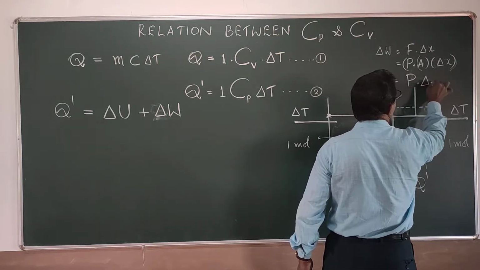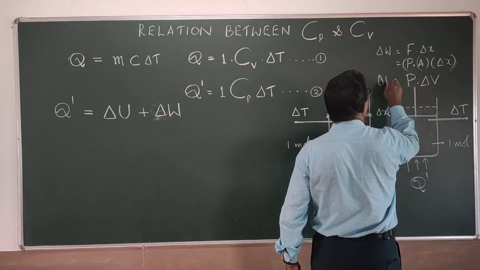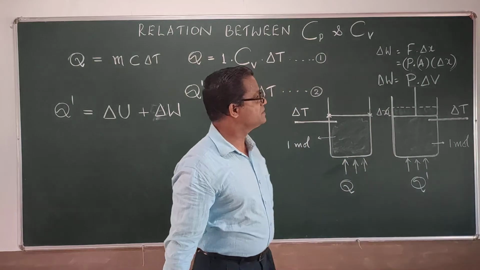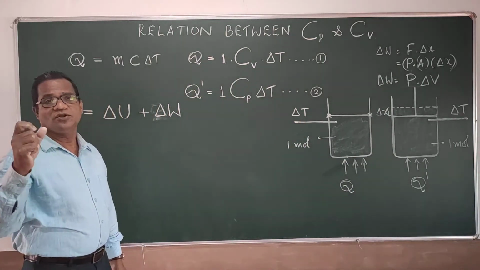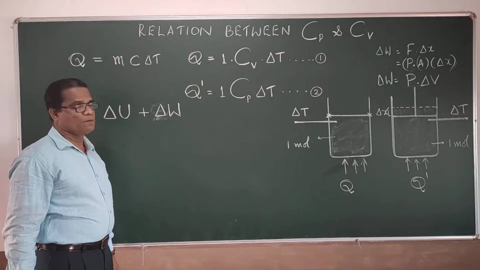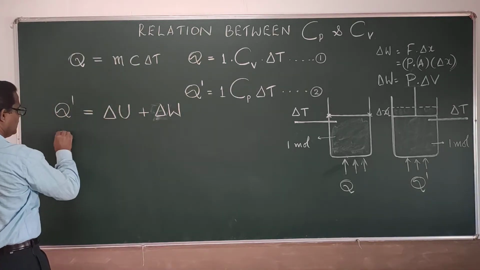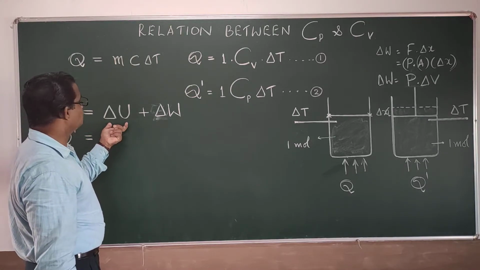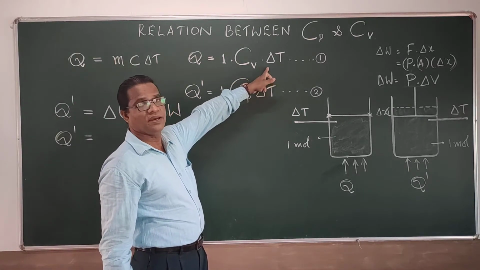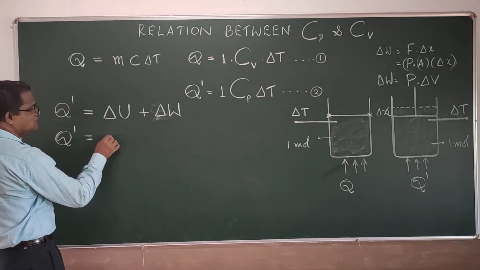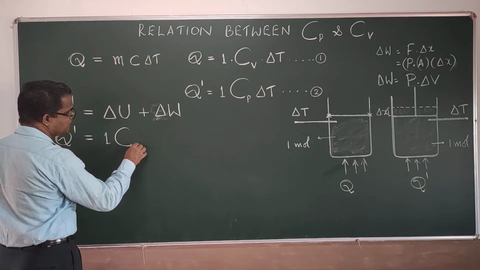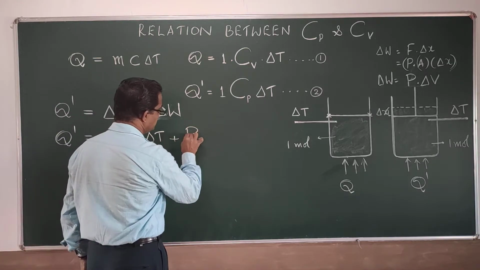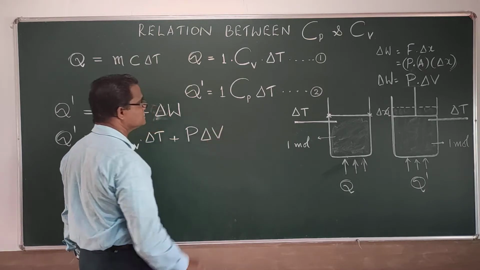Therefore, P into delta V is delta W. So pressure into changing volume can be taken as the little bit of work being done there. Therefore, Q prime will be equal to the change in internal energy, same as Q there, that is 1 into Cv into delta T, plus P into delta V.